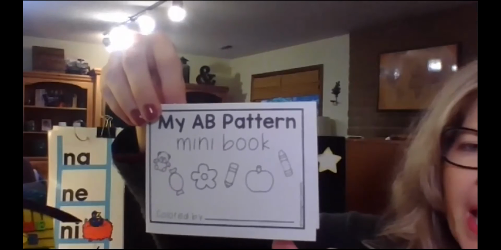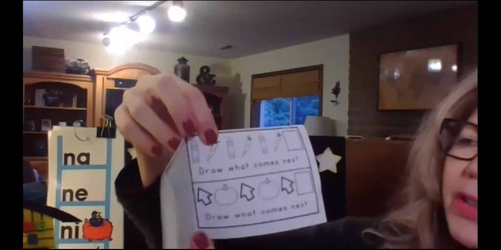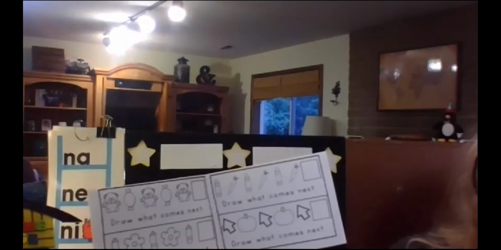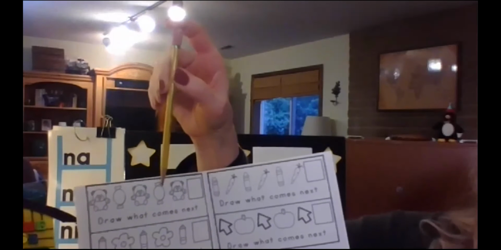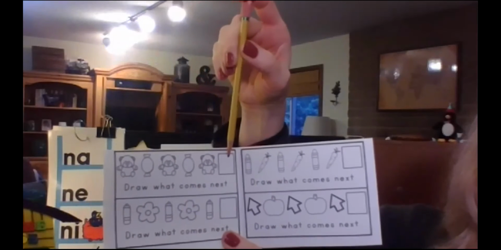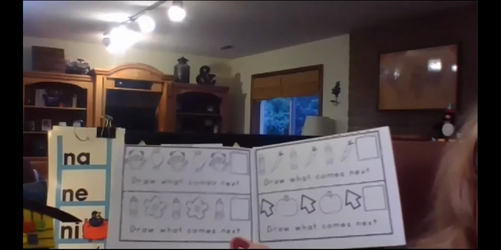My AB pattern mini book by your name. And when you open it up, it says draw what comes next. Bear candy, bear candy, bear. What would you draw in that box? A piece of candy, you're right. Let's do the next one together.